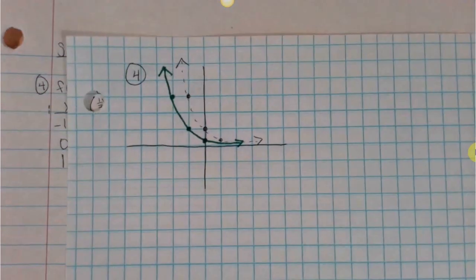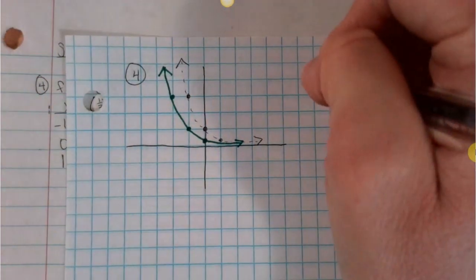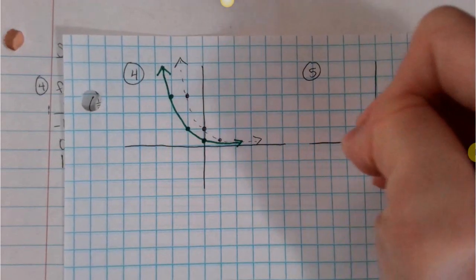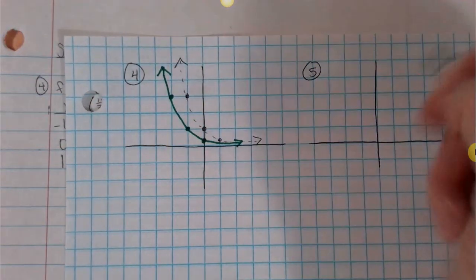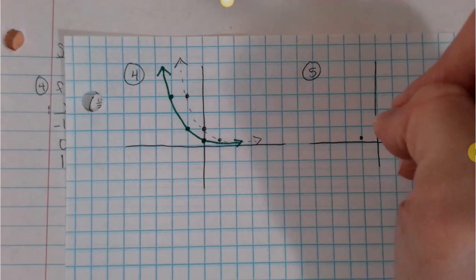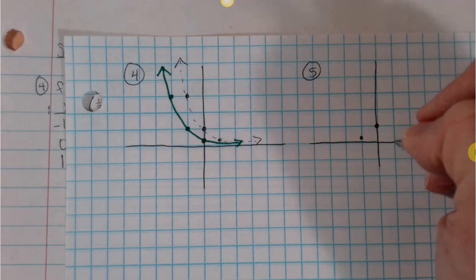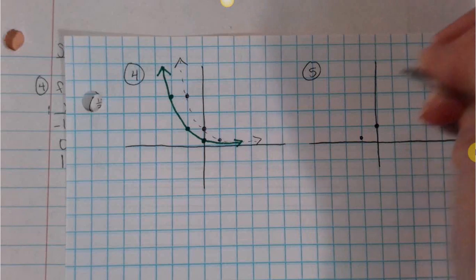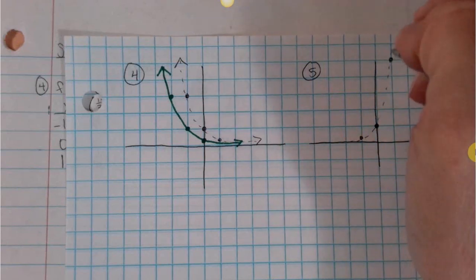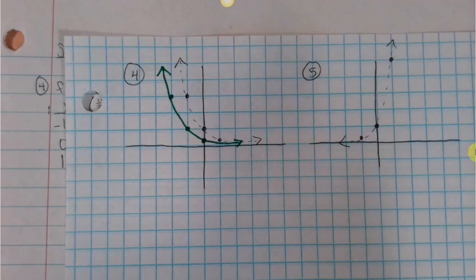And then again, we start by plotting that basic set of points. So (-1, 1/5), (0, 1), and (1, 5): 1, 2, 3, 4, 5. So we get something that looks like this.